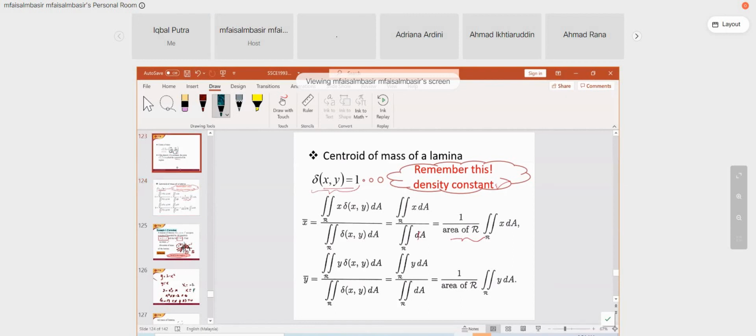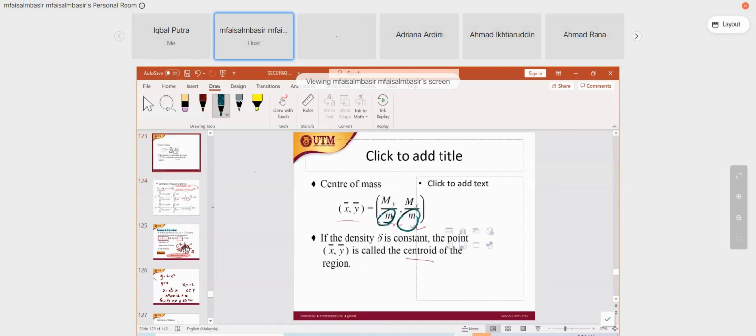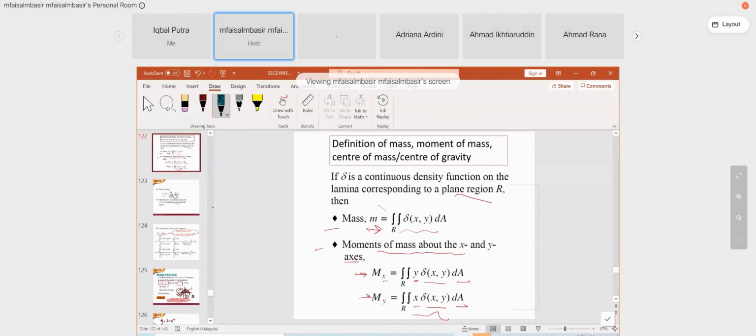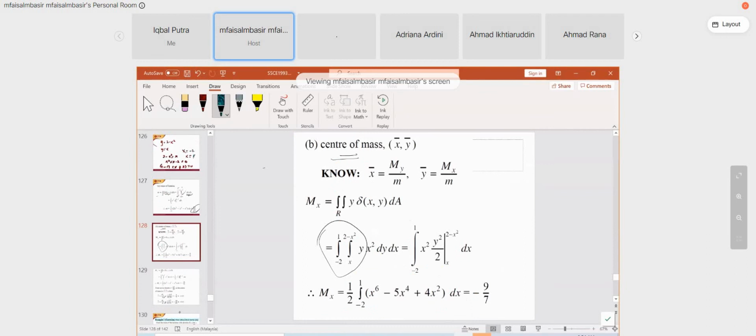My is the double integral of x times the density, and Mx is the double integral of y times the density, dy dx.